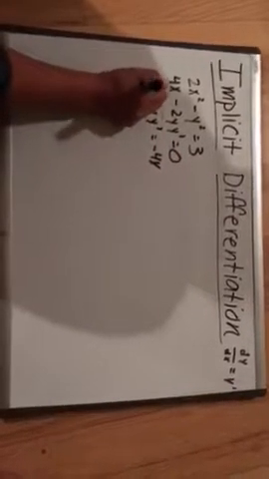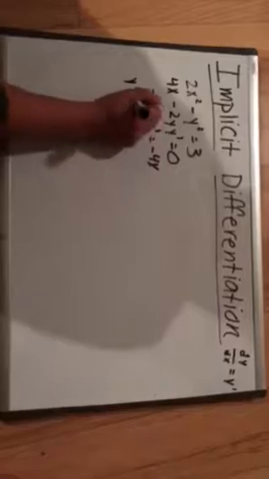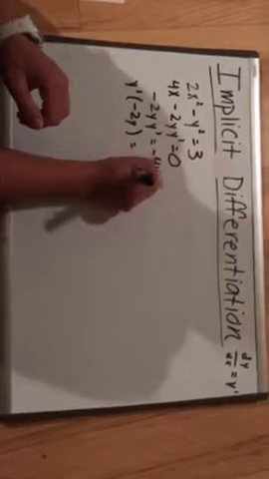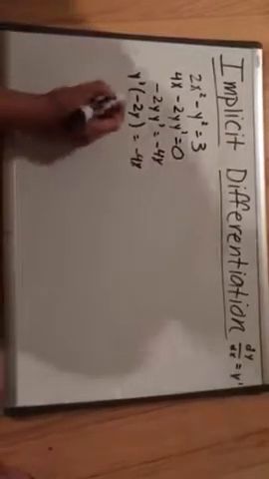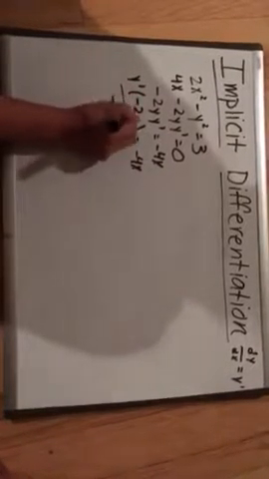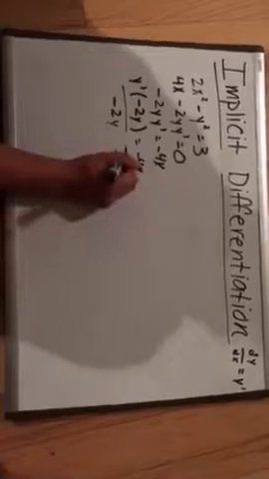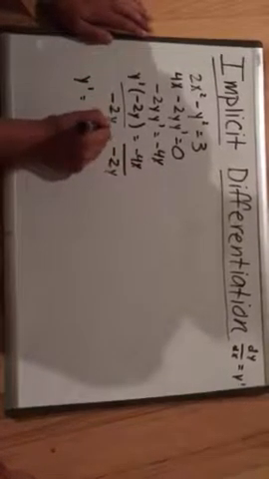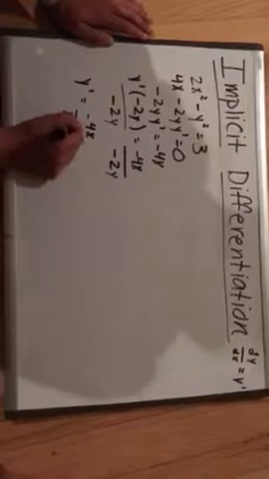Factoring out a y prime of this term, you have y prime times negative 2y equals negative 4x. Solving for y prime, dividing by negative 2y, all divided by negative 2y, you have y prime equals negative 4x all over negative 2y.